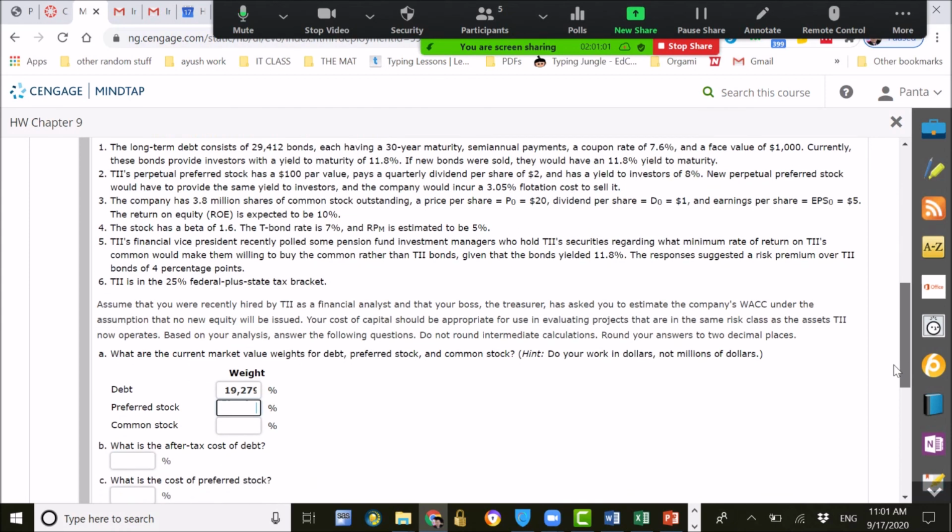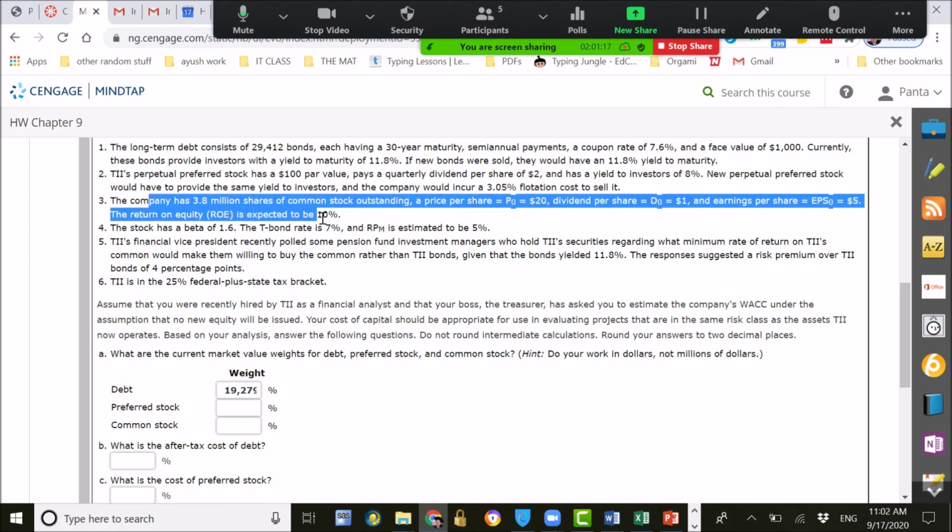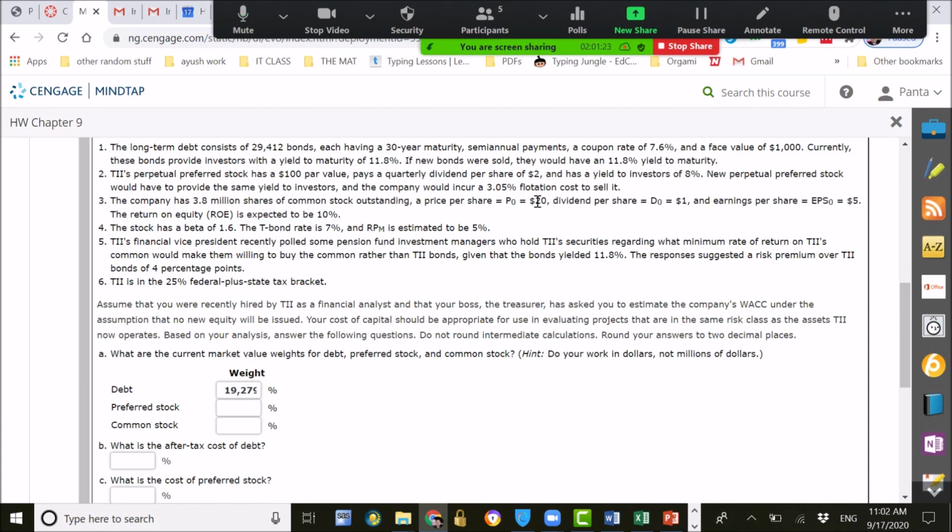The information is like the second question, right? So flotation cost: you don't have to consider the flotation cost, because if you issue right now, that's going to be your flotation cost. The third one just gives extra information, but all you need to see is the number of shares outstanding times the price of the stock, right?